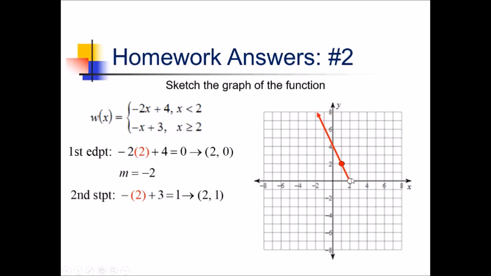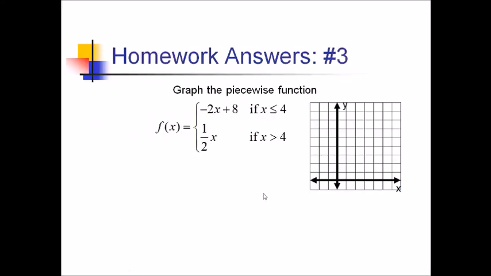So here is 2, 1 right here, just above my open dot. This line has a slope of -1, and I can use that to get my next point. So starting at the solid dot I just drew, I'm going to go down 1, right 1, and that gives me another point to draw the second line.